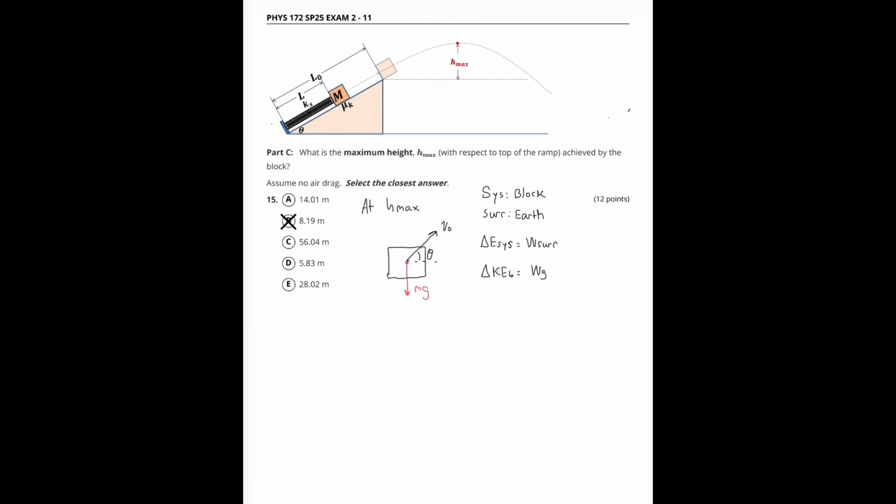So it's going to be 1/2 m v naught sine theta, which is the y component of our velocity, minus initial of 0 squared, is equal to our mg times delta y. Delta y is equal to our final height minus initial. And with respect to here, y initial is equal to 0, y final is equal to h max. Therefore, our delta y is just equal to h max.